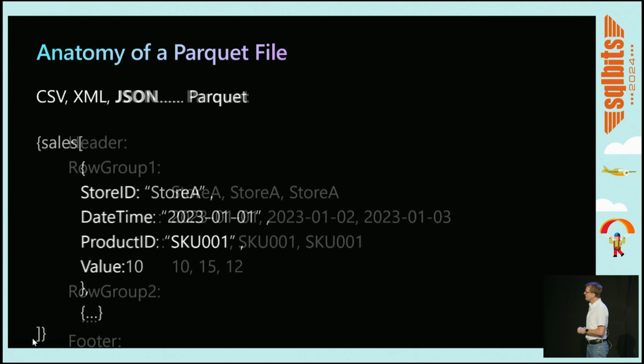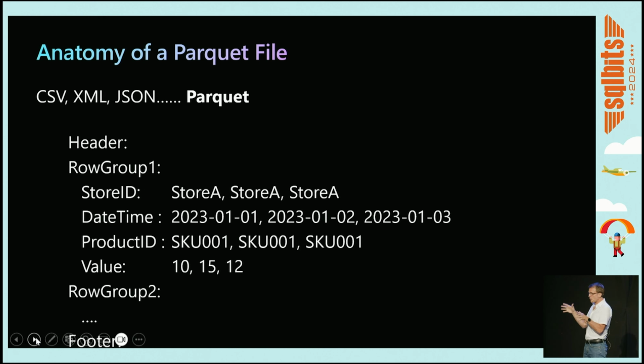And finally, if we jump to Parquet file format, you'll see how the data layout is quite different. We take the columns and pivot them around. We organize all the store A column data together in one place, all the date time stuff in one place, product ID stuff in one place, and the values, etc. And we do clever things like run length encoding.